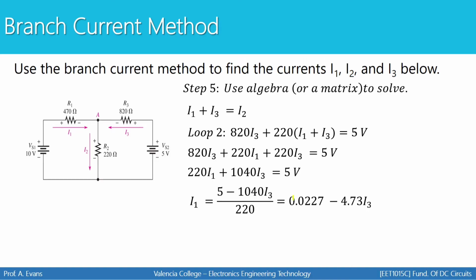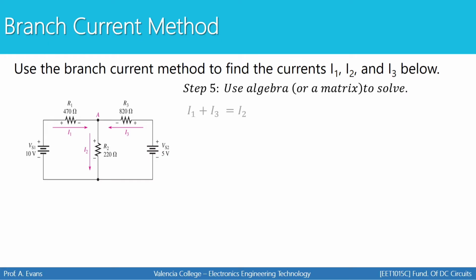So I have an equation now that tells me what I1 is in terms of I3. My goal is to find a second equation that will also tell me what I1 is in terms of I3. So I'm going to stop right here. I'm going to go back to loop 1 and make a similar replacement and see where that leads me. So this is the equation from KCL.